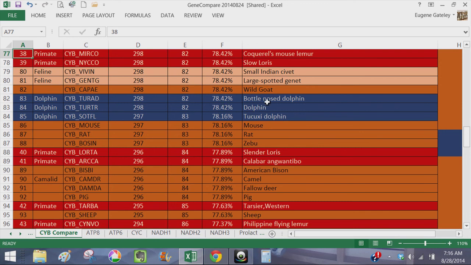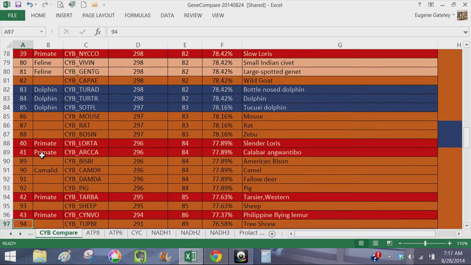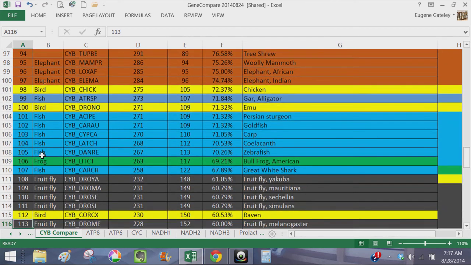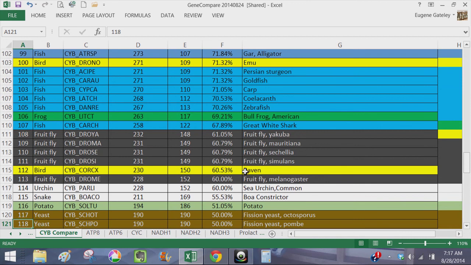We have bottlenose dolphin. All these dolphins here are more similar to human than a tarsier, a slender loris, or this calabar angwantibo, and so forth. But there's other things on here as well that are fairly puzzling in light of evolution, including a raven, which is a bird, obviously.